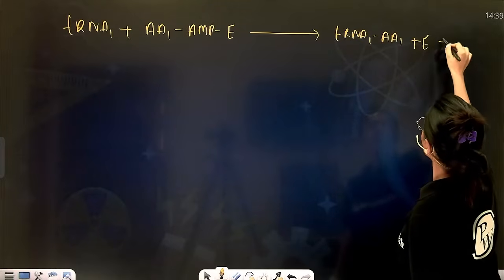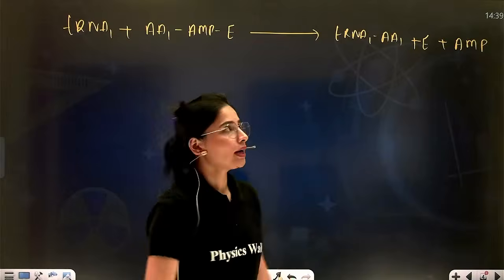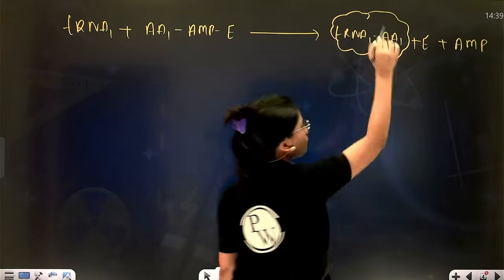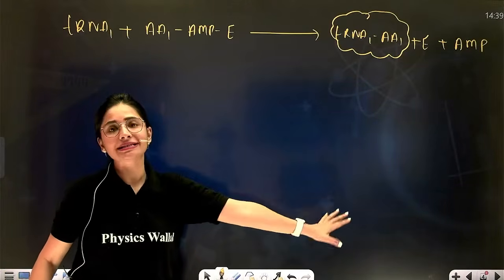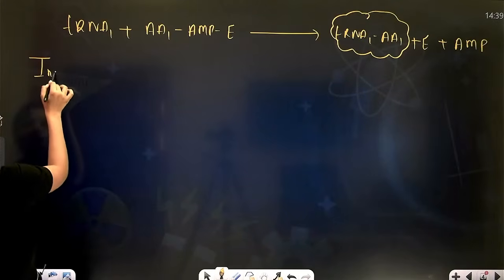The enzyme will be set free and AMP will also be released. Now this is the first component for the translation process ready. After this much work is done in the cytoplasm, the initiation process will start.